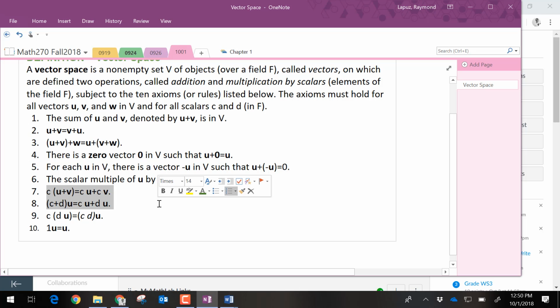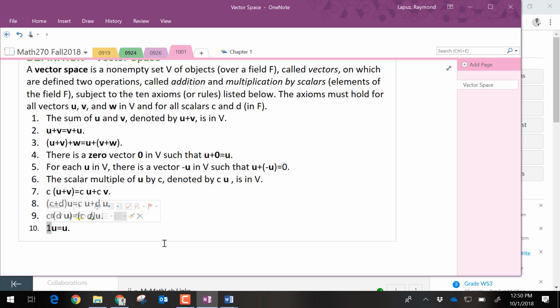One of them is a scalar that you can distribute. The other one is a vector that you can distribute. There's some sort of association. We've seen this associative property before. And then there is this thing called a multiplicative identity, and the multiplicative identity is in that field, which is 1.